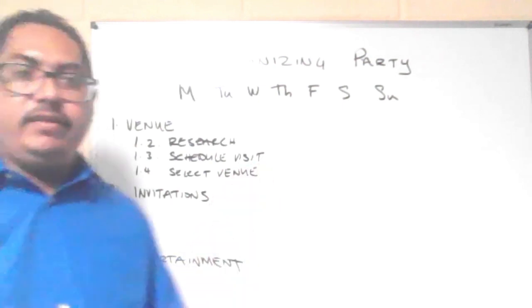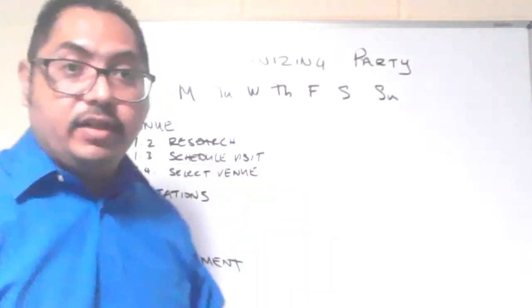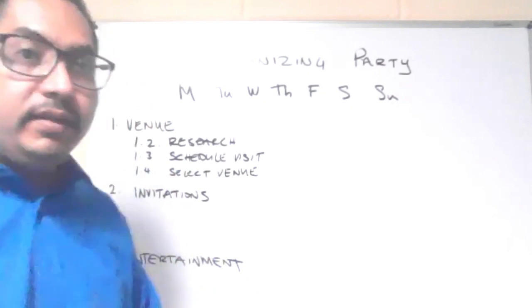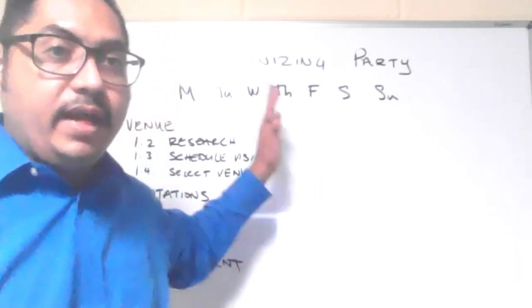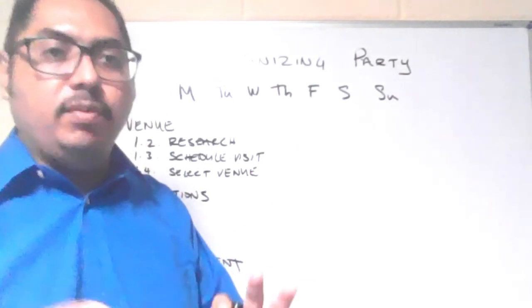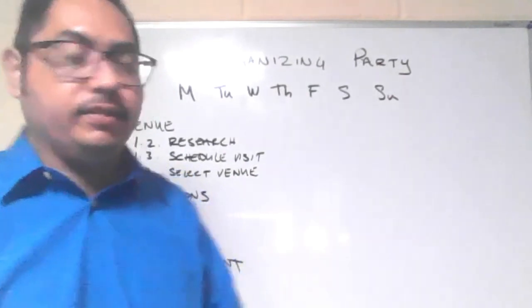So we have identified 3 subtasks: researching, scheduling visits, and selecting the venue. And so what the Gantt chart does is we have a chart and we specify how much time will be allocated to each of these tasks.